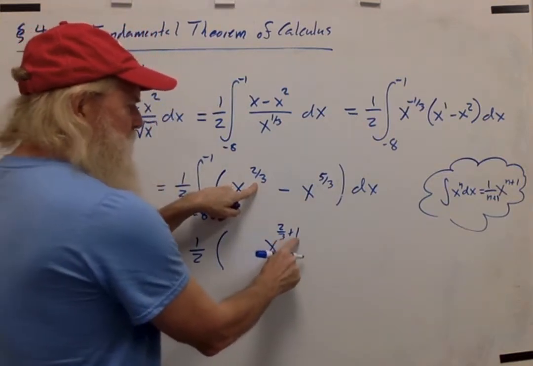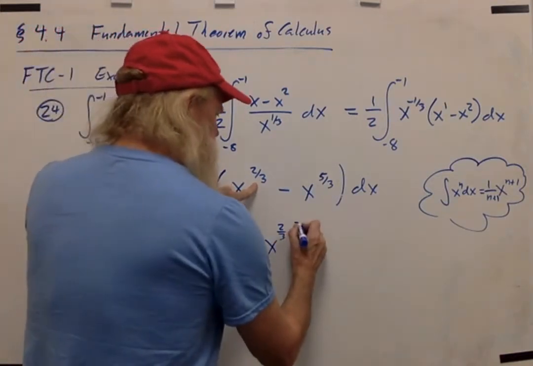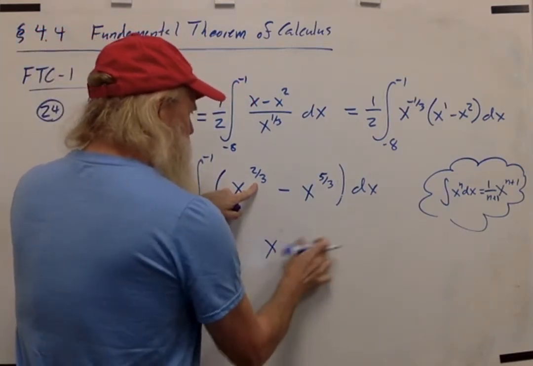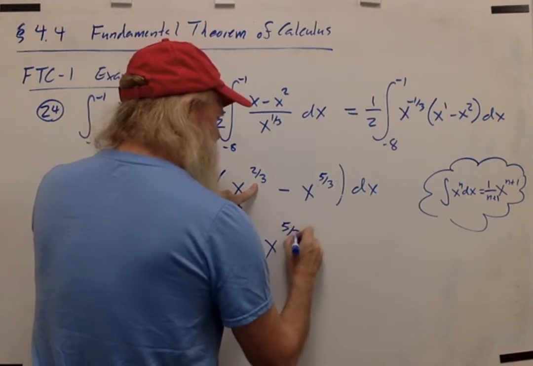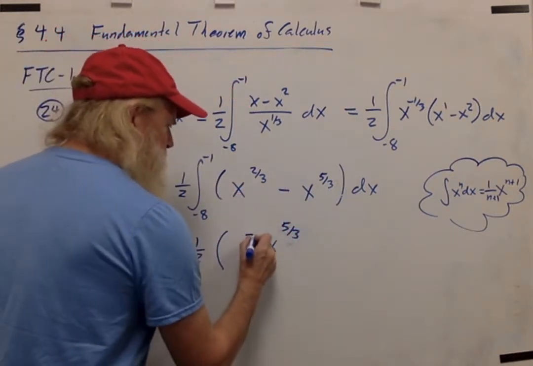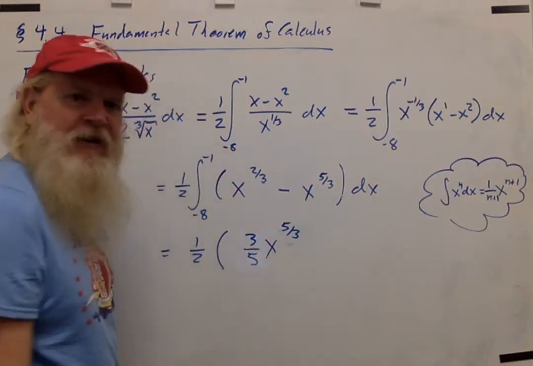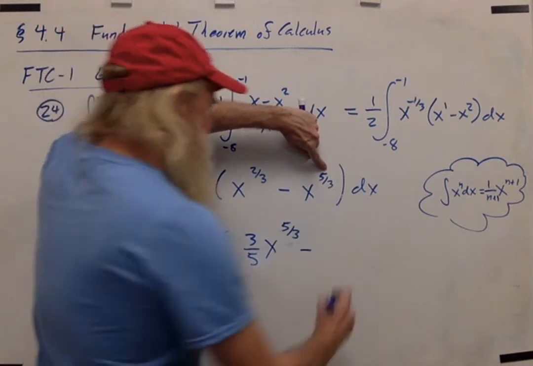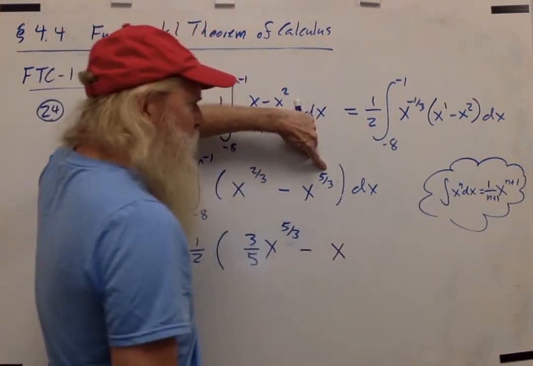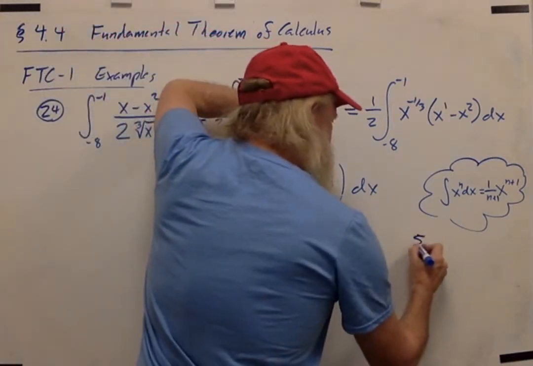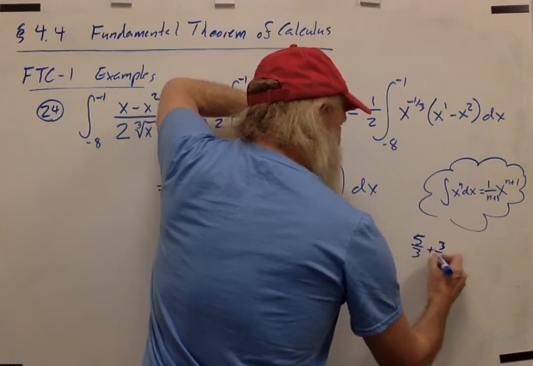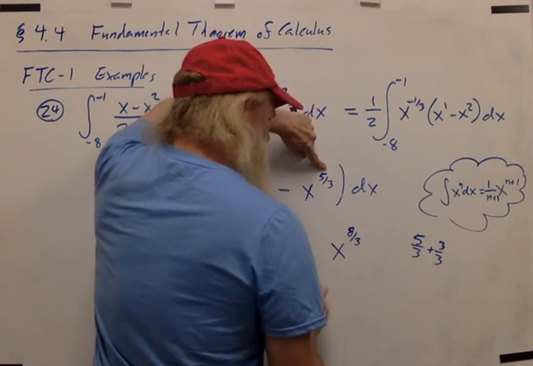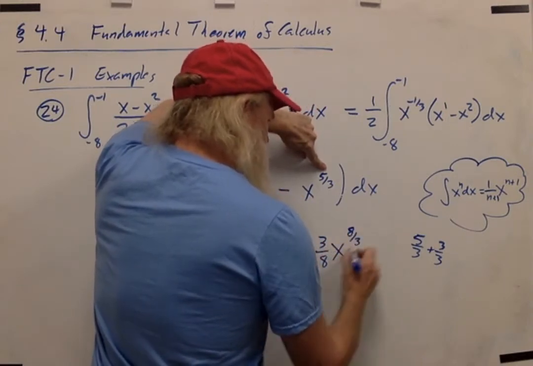Two-thirds plus 1 is the same as 2/3 plus 3/3, which is 5/3. So 2/3 plus 1 is 5/3, and then I multiply by the reciprocal, 3/5, minus, and now I'll go through the same procedure over here. I need to add 1 to the exponent, so I'm taking 5/3 plus 3/3, which is 8/3. And then I multiply by the reciprocal, 3/8.